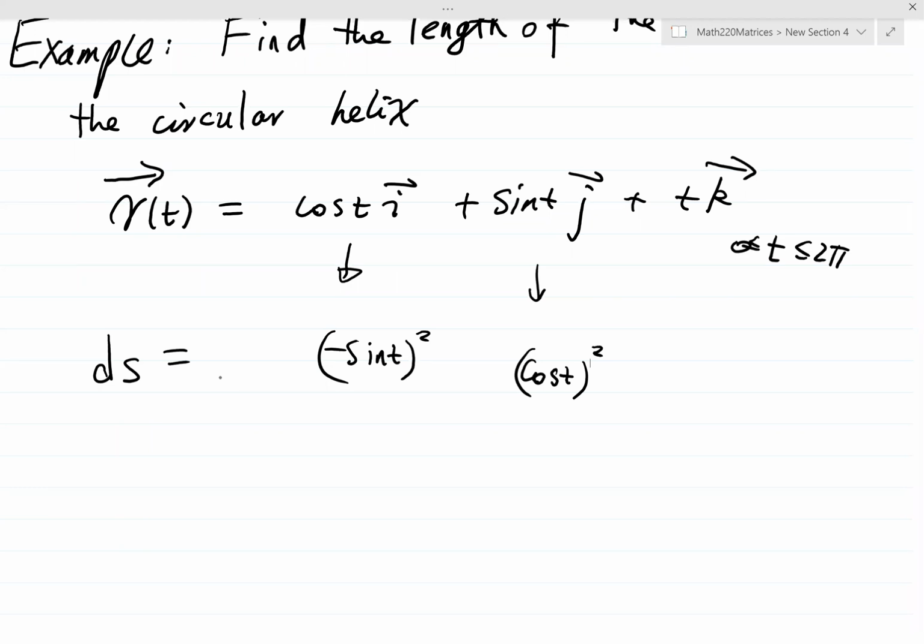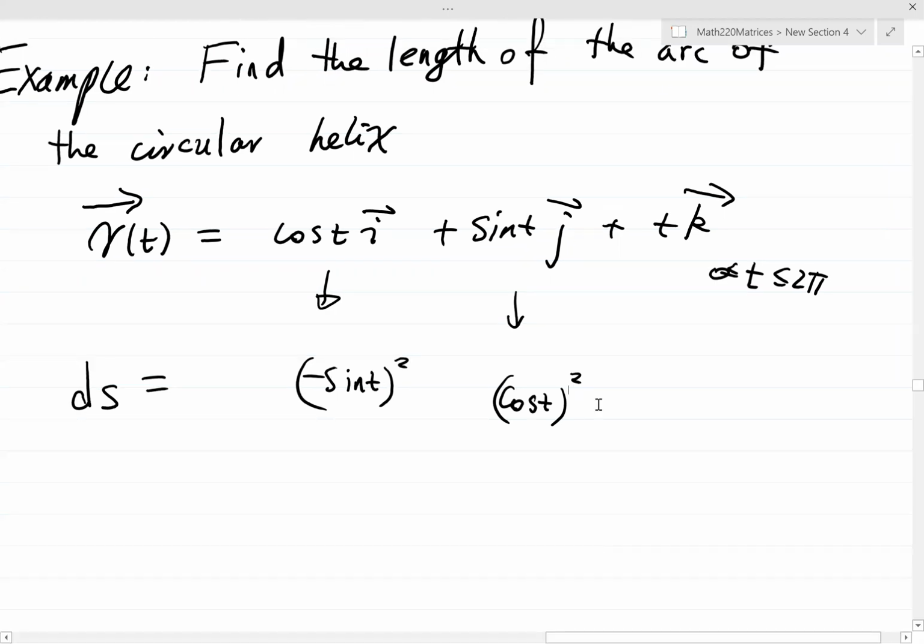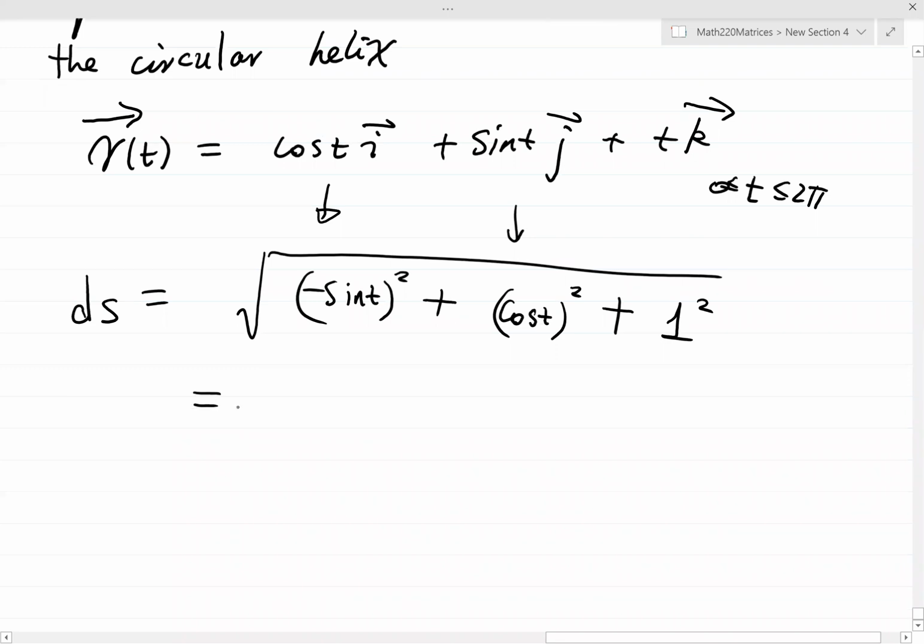The t derivative gives us 1 squared. Then add these together. Sine squared plus cosine squared is 1, so this gives us 2 in total. And don't forget dt. So ds is the square root of 2 dt.